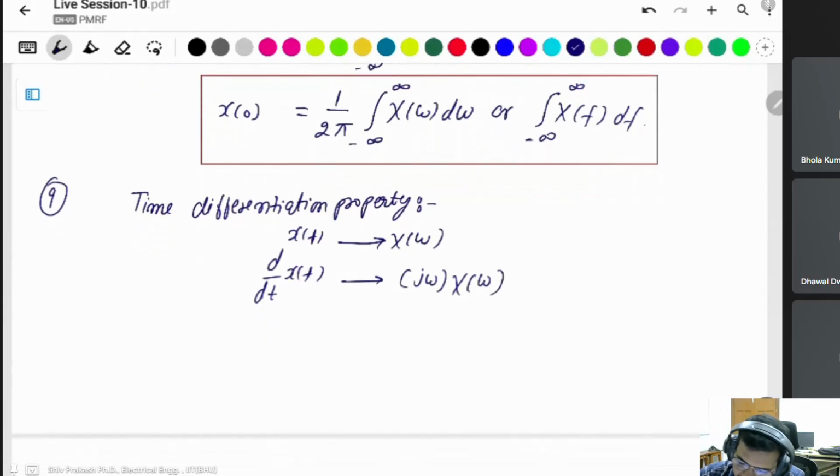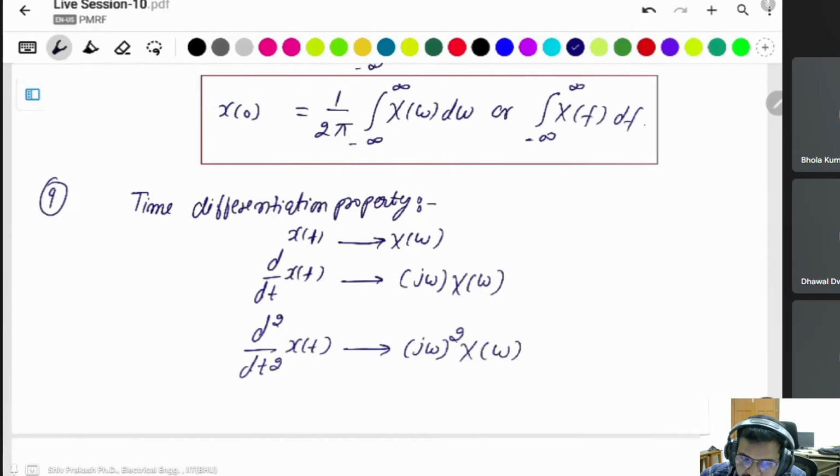Simply, if there is a double differentiation, this is j omega squared, double multiplication of j omega.